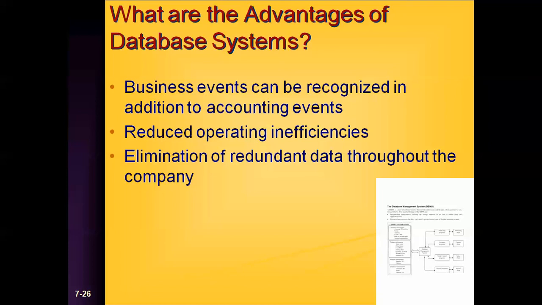One of the most popular is SAP, a German company, and most large corporations around the world have standardized on SAP because it does the best job of reducing operating inefficiencies and eliminating redundant data from around the world. So you can imagine if you're Coke and you have operating entities in 100 countries around the world, it's got to be a pretty sophisticated database system to handle all that accounting information and related business event information.